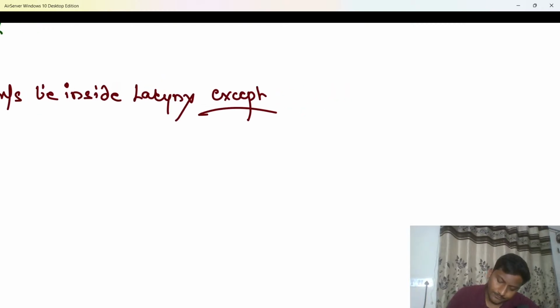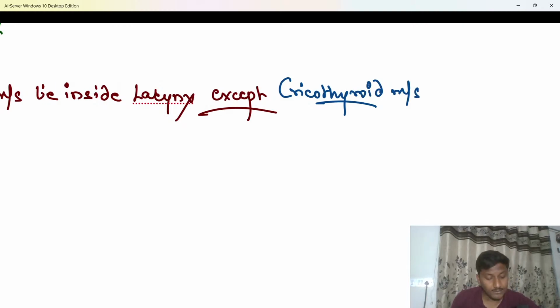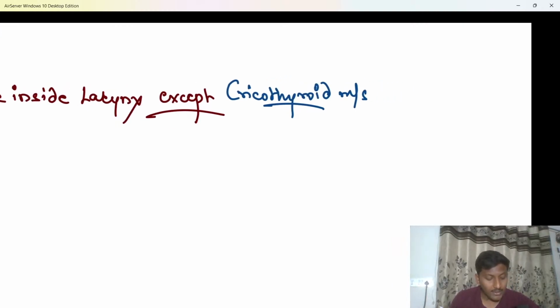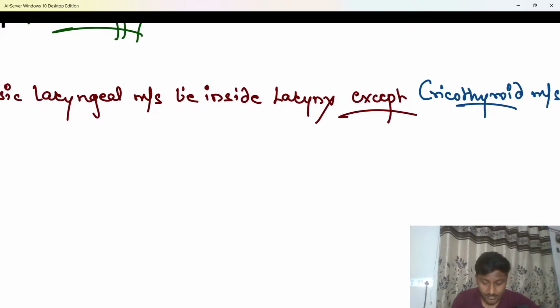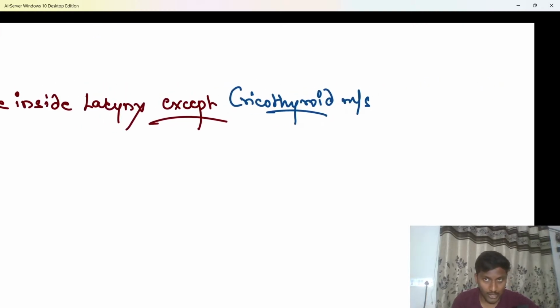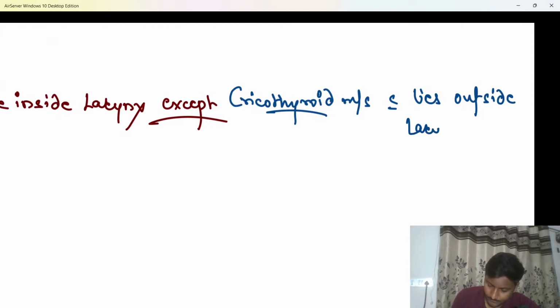The cricothyroid. Right? Except the cricothyroid, though it is an intrinsic laryngeal muscle, beta, it lies outside the larynx. So please remember, all intrinsic laryngeal muscles, beta, lie inside the larynx except the cricothyroid muscle, which lies outside the larynx. ठीक है, so याद रखना, all intrinsic laryngeal muscles lie inside the larynx except cricothyroid, which lies outside the larynx.